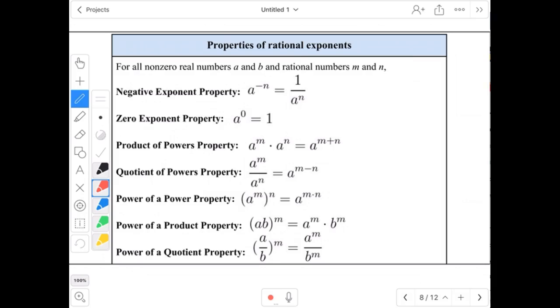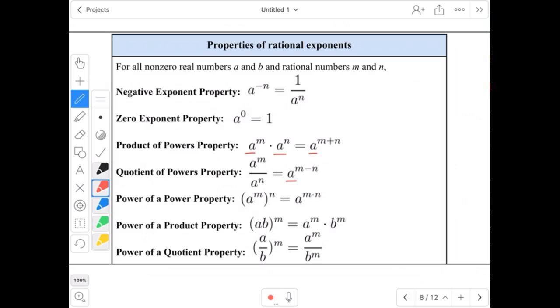Negative exponents, change the place. If you have two things of the same base, we can rewrite those as a single thing where we are adding those exponents together. Kind of the same thing with division, only if we're dividing we're going to subtract.